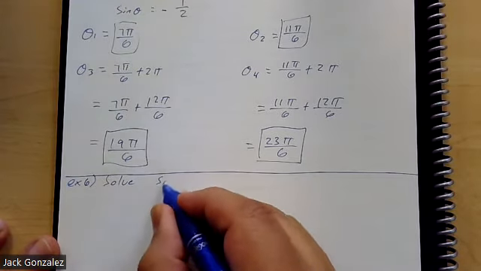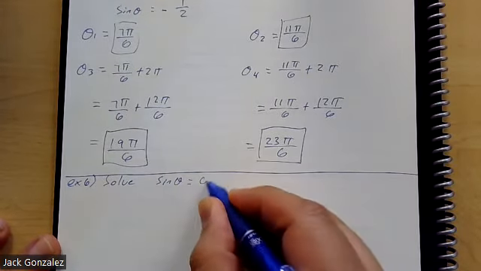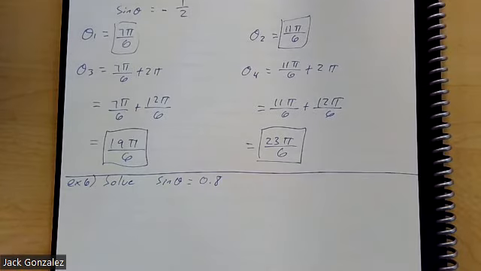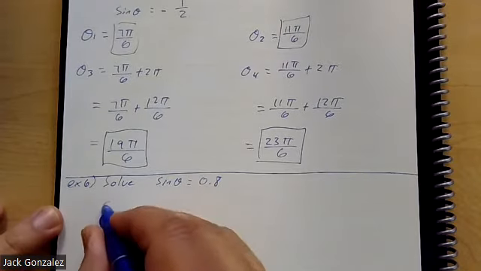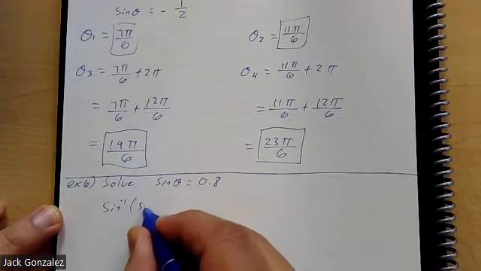Solve sine theta equal to 0.8. So 0.8 is not on the circle, right? So you have to do calculator. So you got to do sine inverse of both sides.